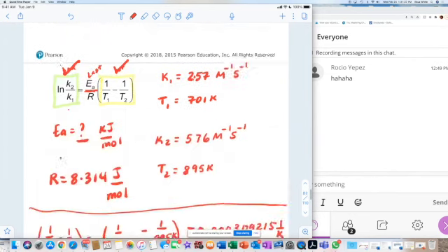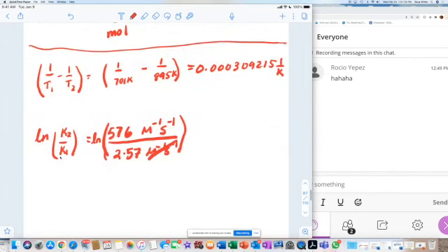Yeah, 576, 2.57. Okay, the units, of course, cancel out. I end up with my answer as 576 divided by 2.57, which is the same thing as ln of 224. Let me go find the log natural, put my answer in the close parentheses, which is 5.41. That's all I'm going to write.